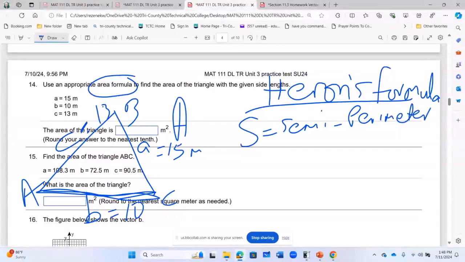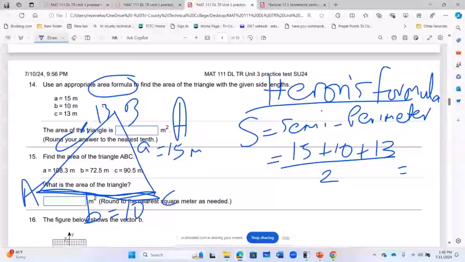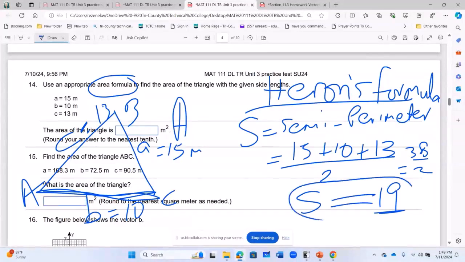All right, so semi-perimeter will be 15 plus 10 plus 13 divided by 2, semi, which means you're going to divide it by 2. 15 plus 10 is 25. 25 plus 13 is 38. 38 divided by 2 is 19. So our semi-perimeter S is 19.